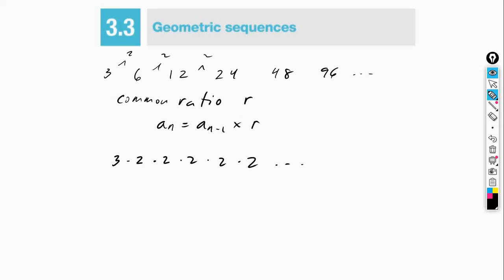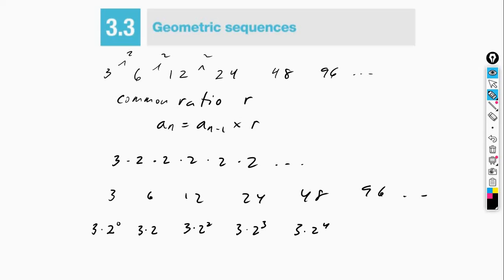Notice that since the sequence is 3, 6, 12, 24, 48, 96, etc., the first term would be 3 times 2 to the 0, then 3 times 2, then 3 times 2 to the 2, 3 times 2 to the 3, 3 times 2 to the 4, 3 times 2 to the 5. So notice that this is the first term, this is the second term, this is the third term, fourth term, fifth term, sixth term, and so forth.